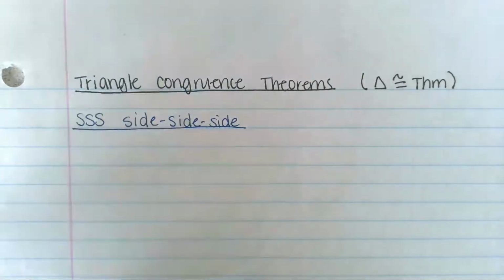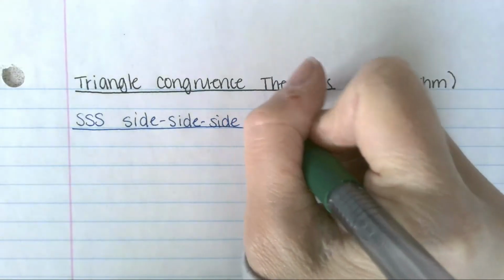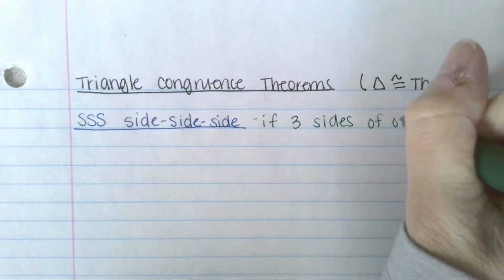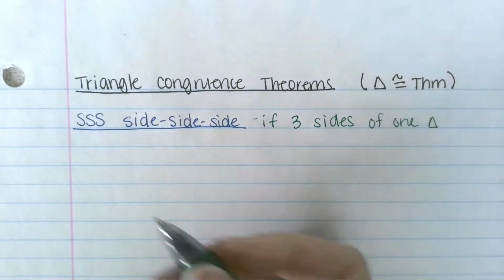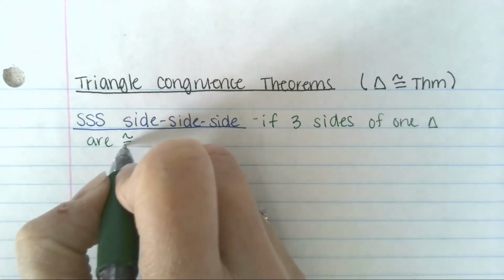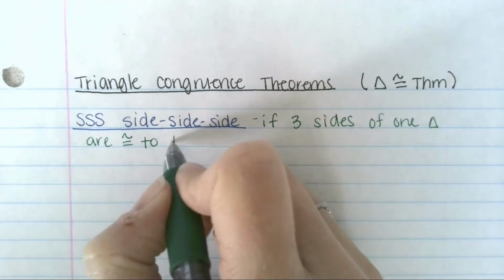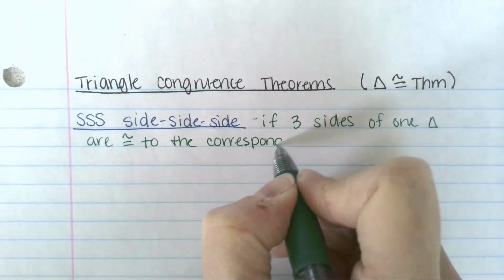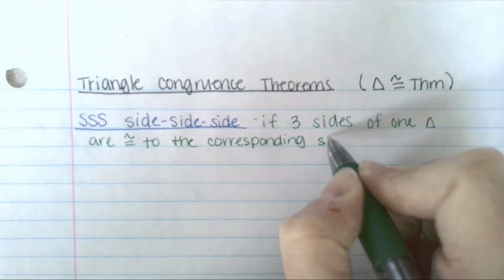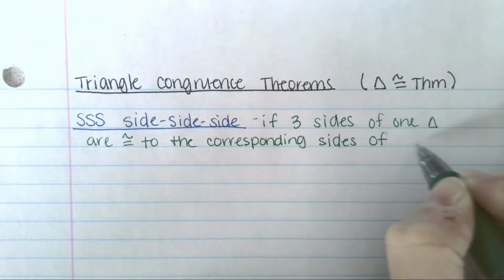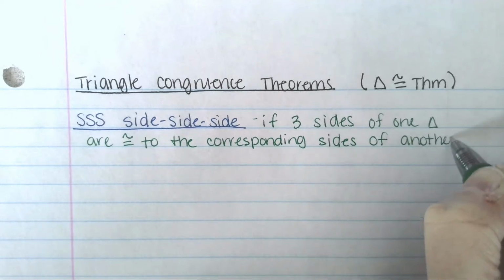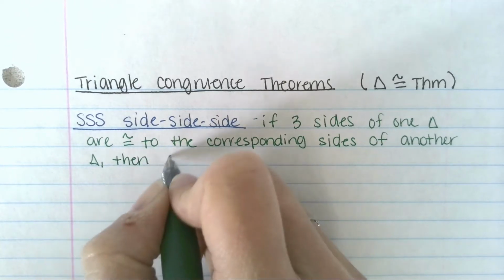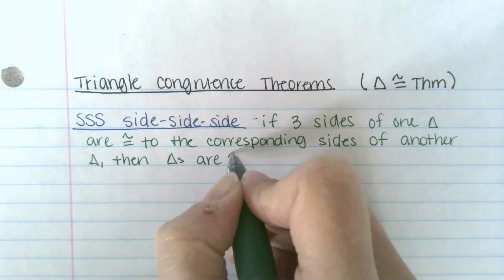So our first theorem states that if 3 sides of one triangle are congruent to the corresponding sides of another triangle, then the triangles are congruent.